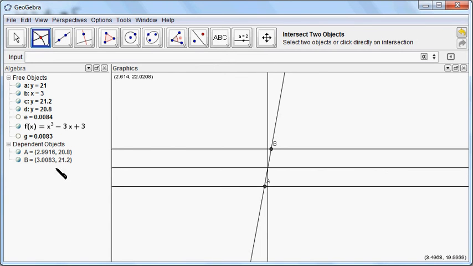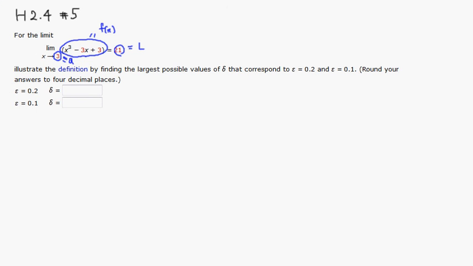You can see that this point is going to be a little bit closer to 3. So we're going to take this value to be the delta. So delta is 0.0084.